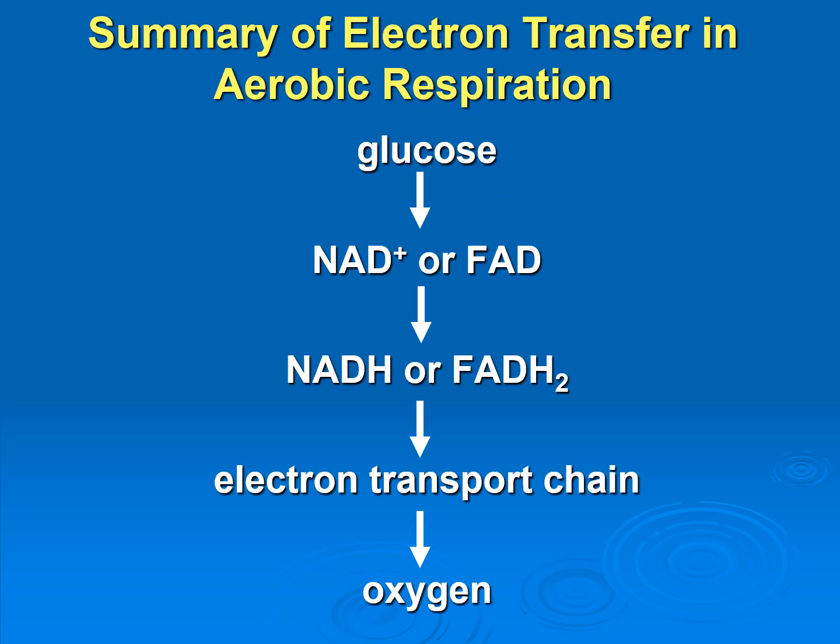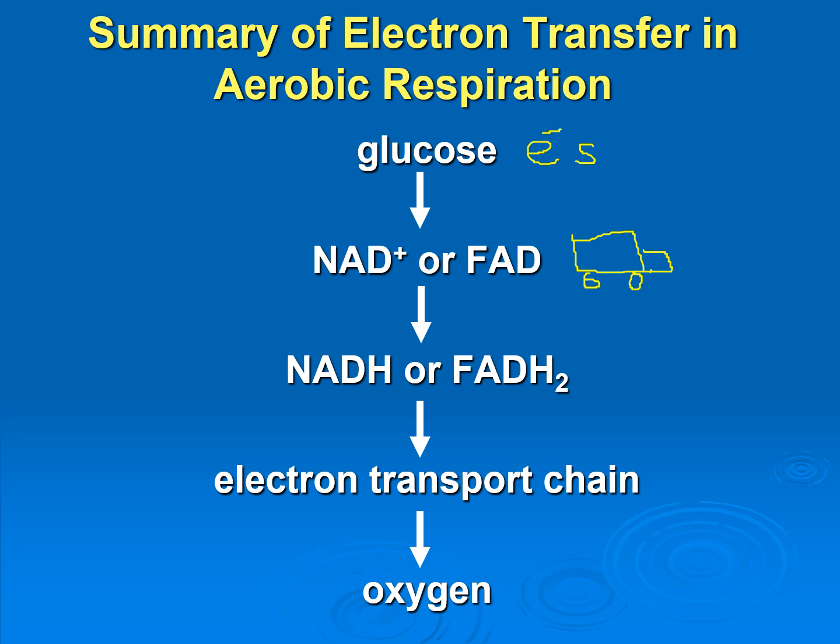Okay, so just the summary of what's going on with these electrons. These electrons are starting off on our food, on glucose, and as we break apart the glucose, we're going to rip electrons off of it. And we're going to put the electrons into our empty electron carriers, our empty dump truck.